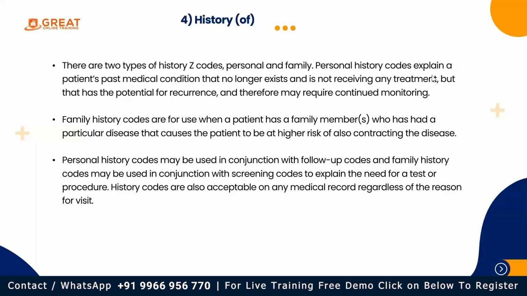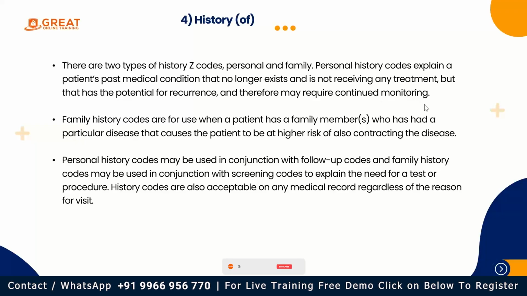A personal history code is for a patient's past medical condition that no longer exists and is not receiving any treatment, but that has the potential for recurrence and therefore may require continued monitoring.